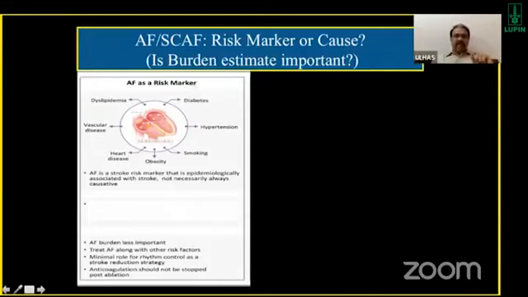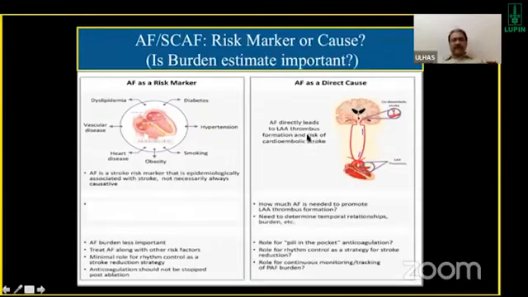But most of the people who are involved in stroke management believe that, apart from AF being a risk marker, AF quantification is also important, because even in the absence of one or more or all of these risk factors, AF by itself may cause the formation of a clot.